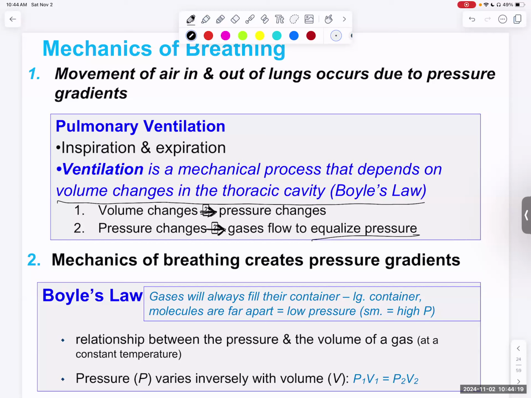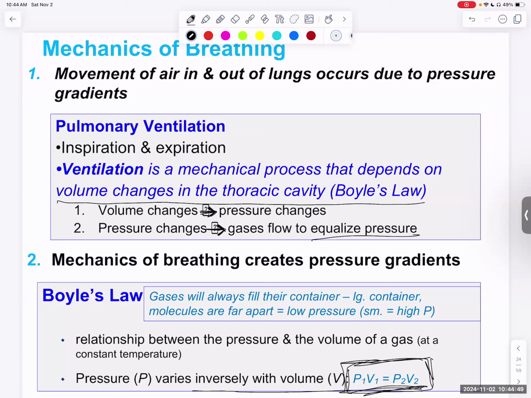Technically, Boyle's law is gases will always fill their container. They're going to go from a higher pressure, smaller container setup to a larger container because they can spread out and those gas molecules can be farther apart. And if they're farther apart, there's less pressure. They're not bumping into each other. And so there is an inverse relationship between the volume of the container of gas and the pressure of that gas inside the container.